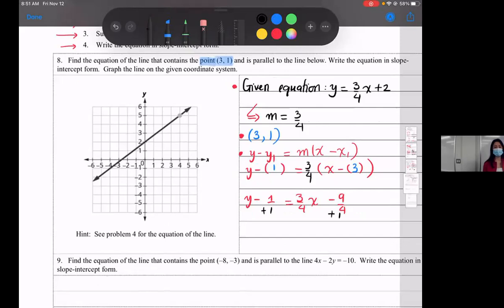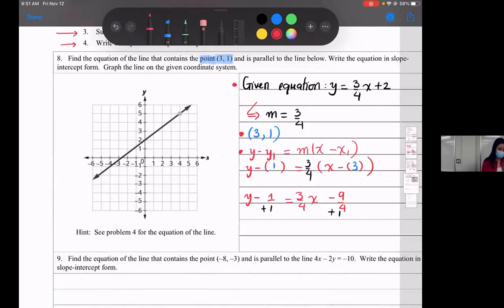If you don't know how to do this, I hope you know how to do this. But on the test, let me tell you a dirty secret. Use a calculator. Use a calculator. I don't need you to show me the steps of how you add -9/4 to 1. Okay. y equals 3/4 x.